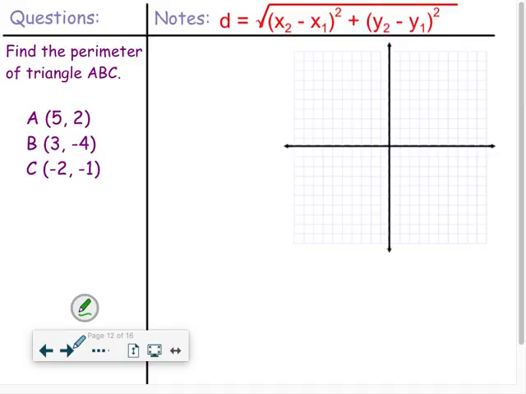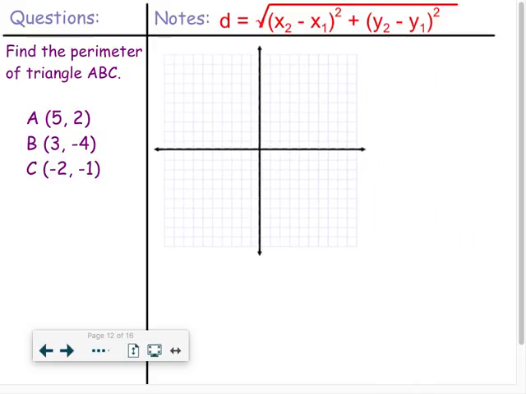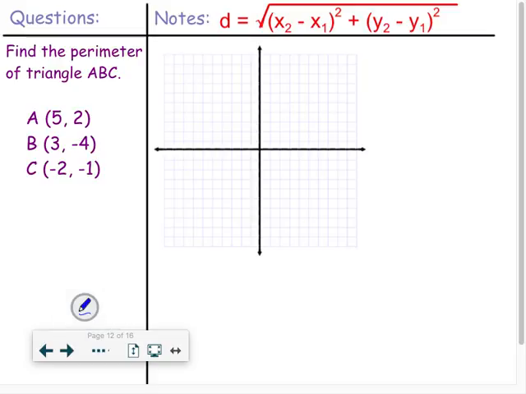All right, this next one says find the perimeter of triangle ABC. And it's got coordinates, and so we can graph them and turn them into right triangles if we want to, or we can find the distance of each side. My graph is a little bit hard to see again, so I'm going to draw in some grid lines for you.